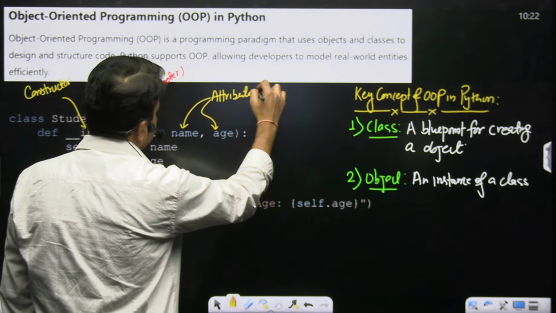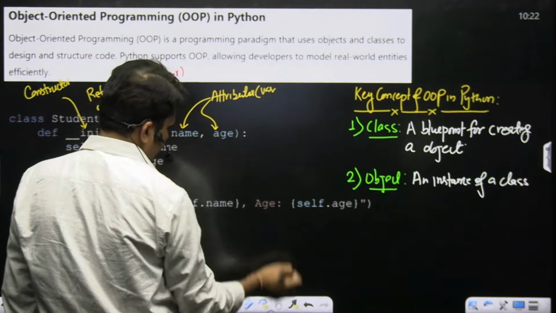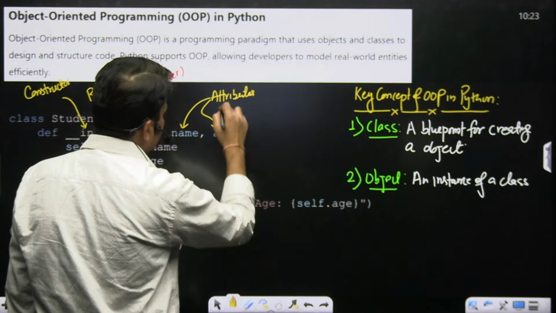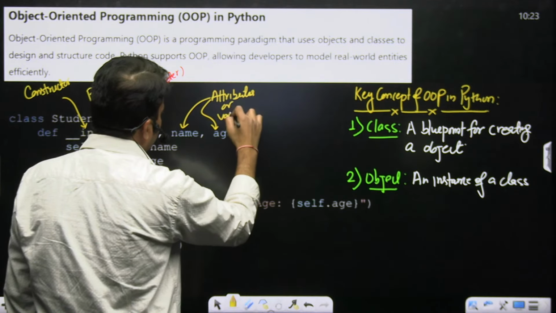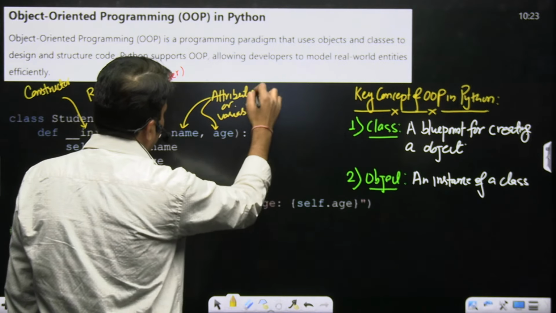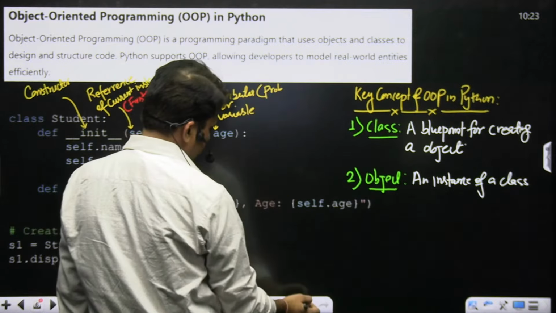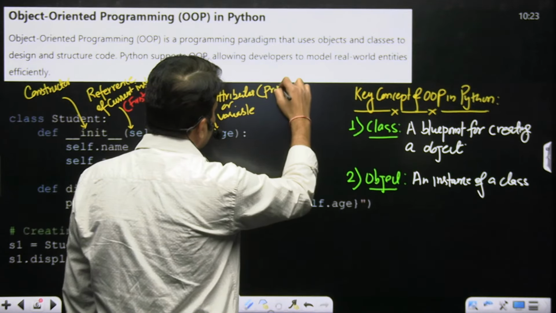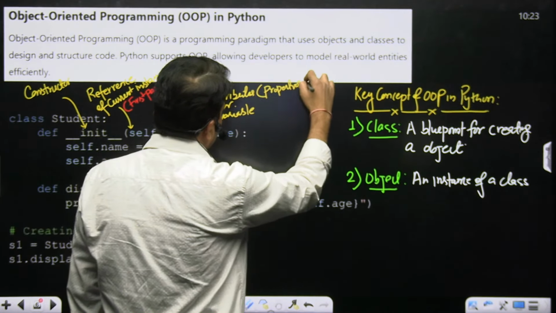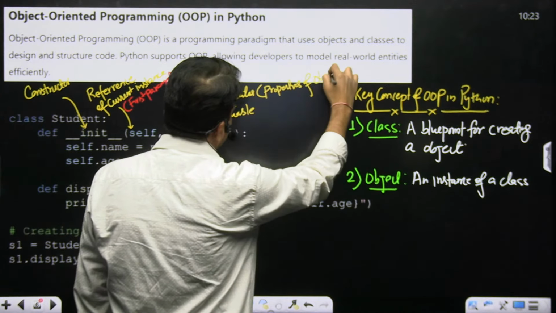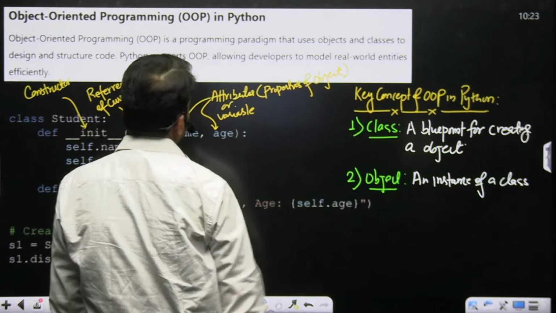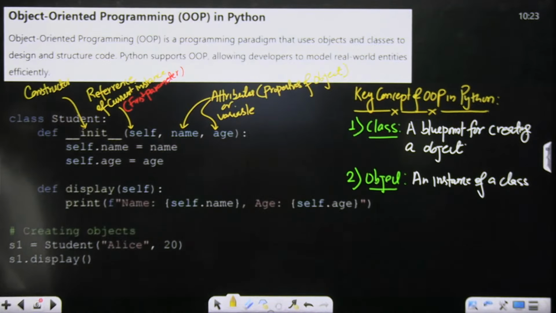Attributes, or we can say variables, or we can say properties of an object.